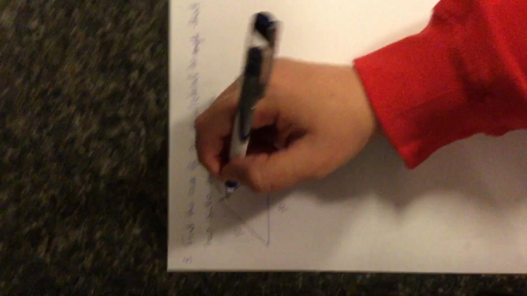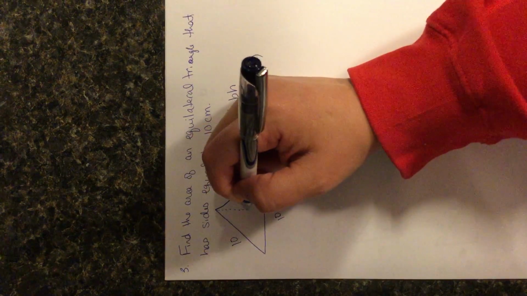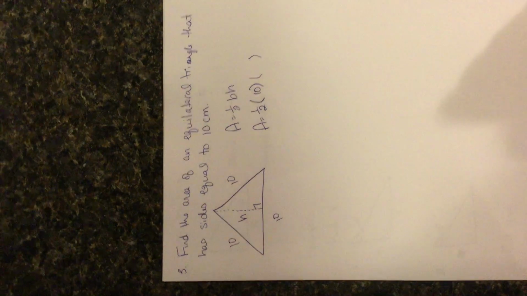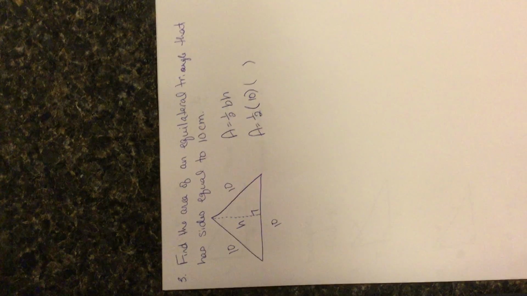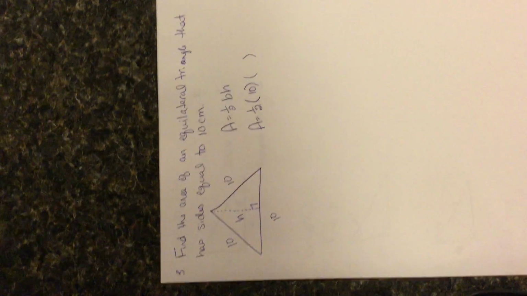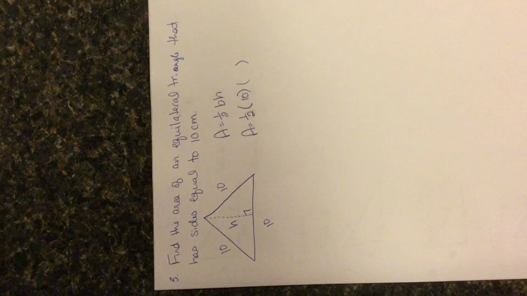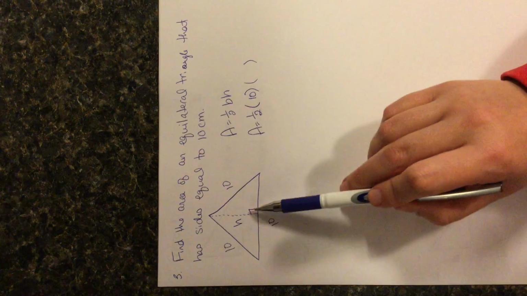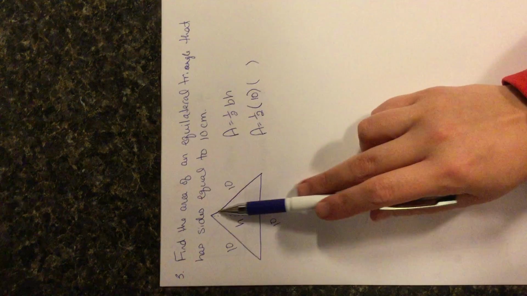So again, if you draw this vertical perpendicular, this is H. It's not inscribed in a square this time, so we can't use the fact that it's the same as the side length of the square. It's just there. But you do have this right triangle that it forms.